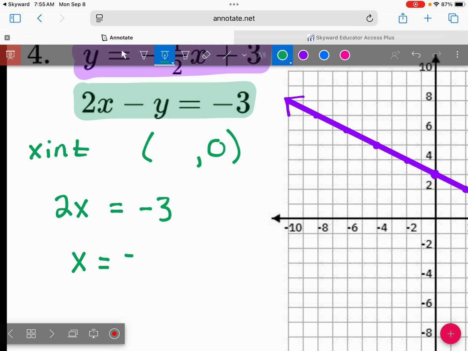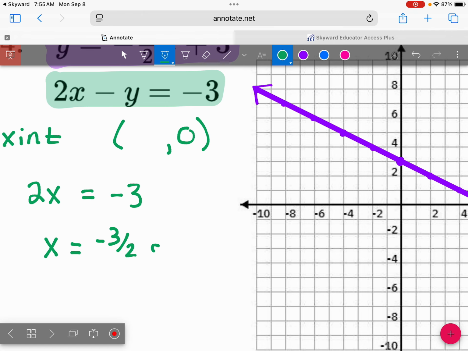So our x equals a fraction, minus 3/2. Unpleasant. When you have things like improper fractions where the bigger number's on the top, switch them to either mixed numbers or to decimals. This is minus 1.5. That is much easier for us to graph than negative 3/2.